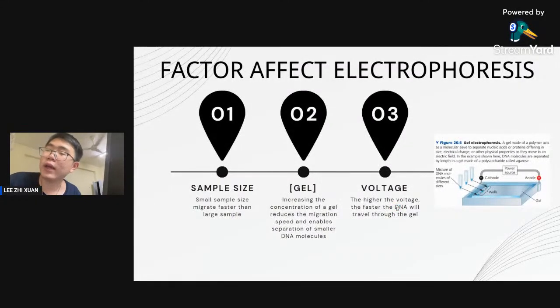Okay. Just now I ended at where? Which part did I lose connection?